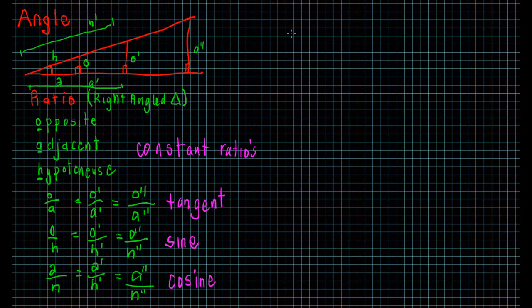well, if we know what the ratio is, let's say that the sine of some angle, well, hang on a minute, we need some way to measure the angles. So how could we measure the angles?